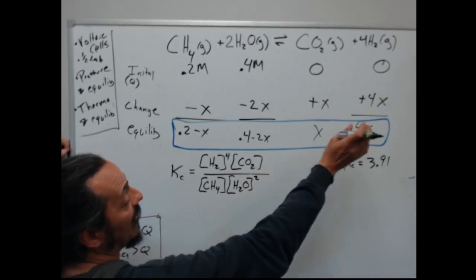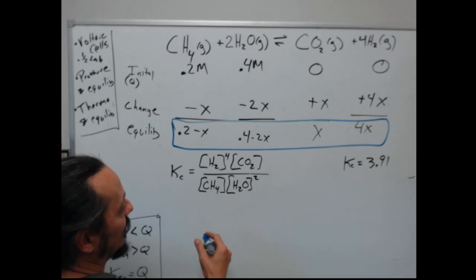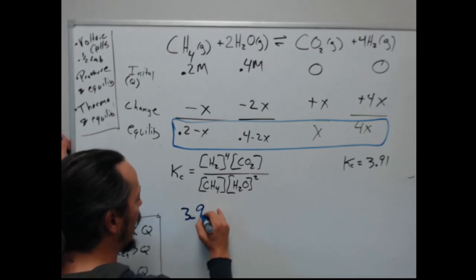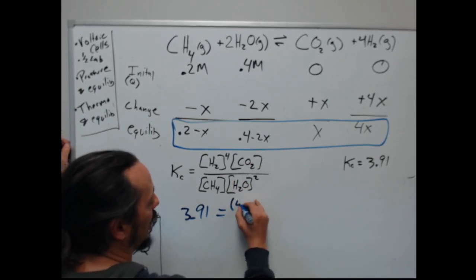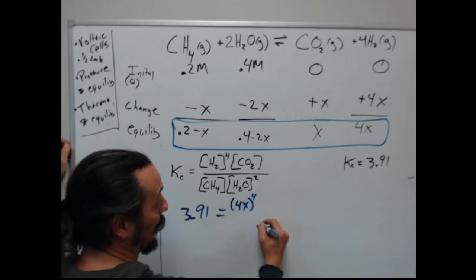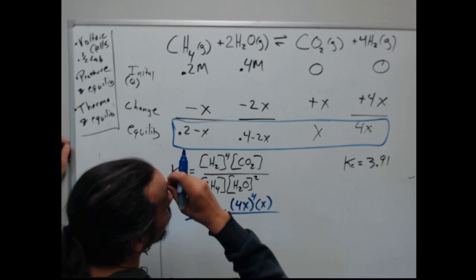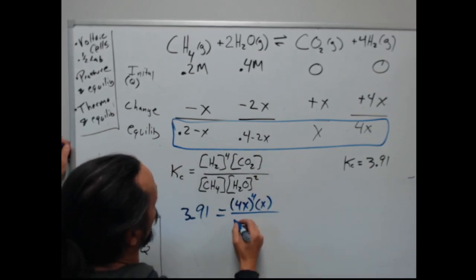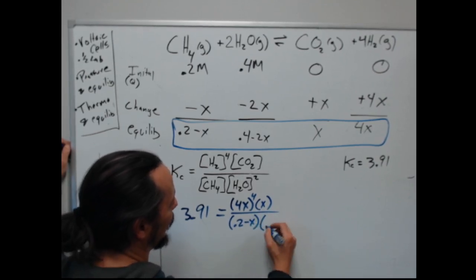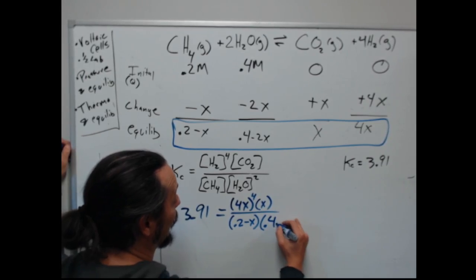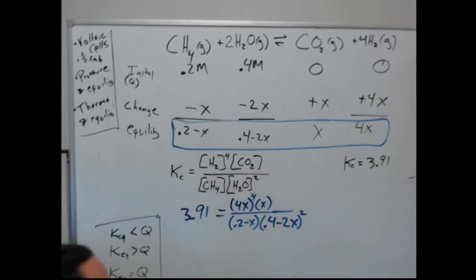Then I can plug in my Kc value and my equilibrium values and get the equation I actually need to solve. 3.91 is equal to 4x to the 4th times x, divided by 0.2 minus x, times 2x squared. I'm getting nervous as I write this down. Oh my goodness.